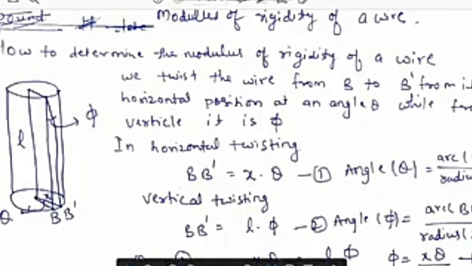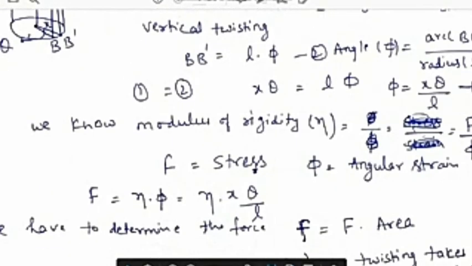As we twist here, B moves to B prime. From this position, this is theta and this is phi. The arc BB prime equals x into theta, and also equals L into phi. By equating these two equations, we obtain the value of phi as x theta by L.